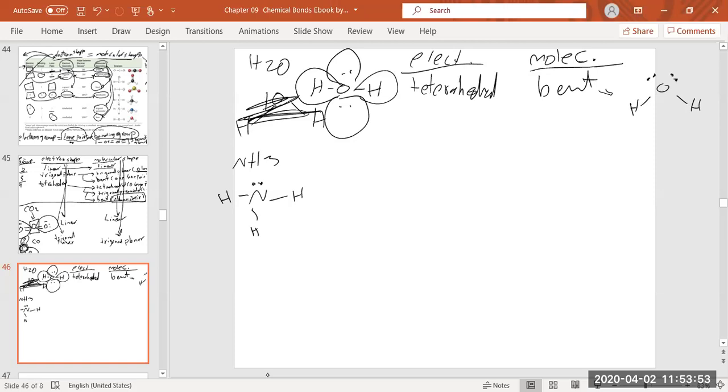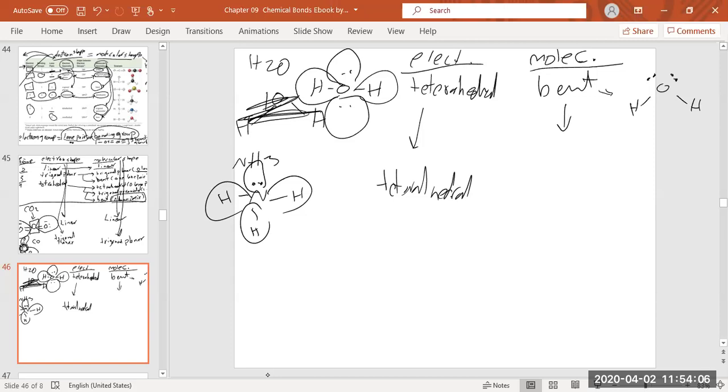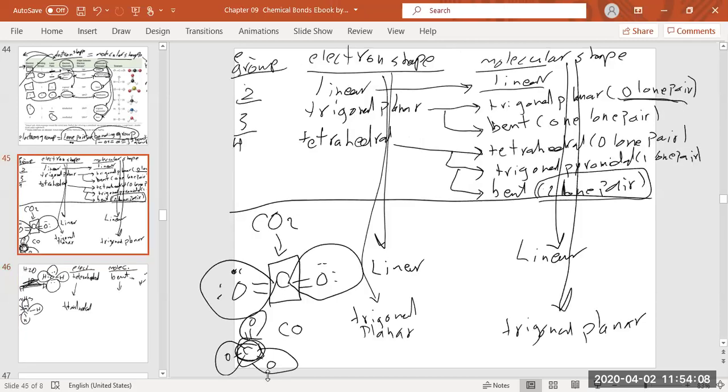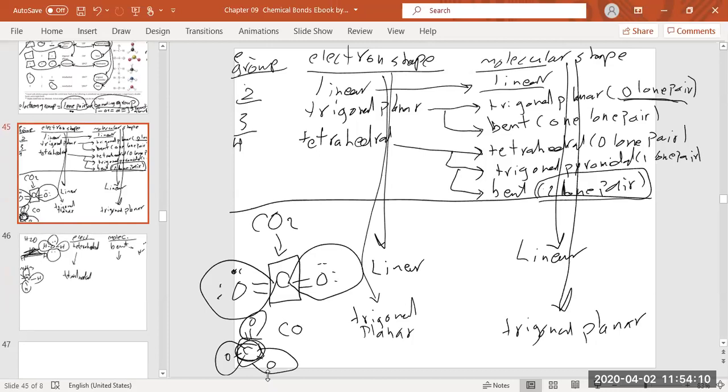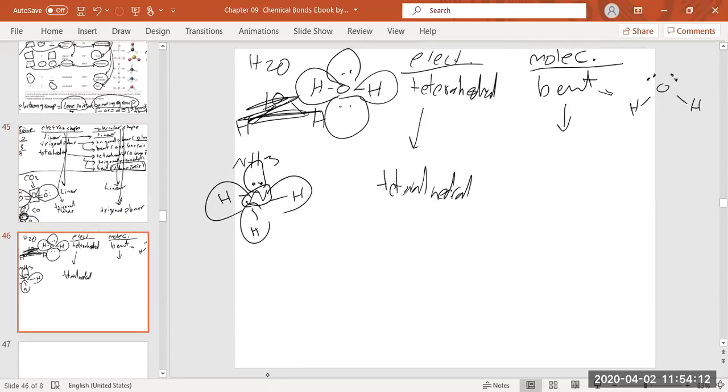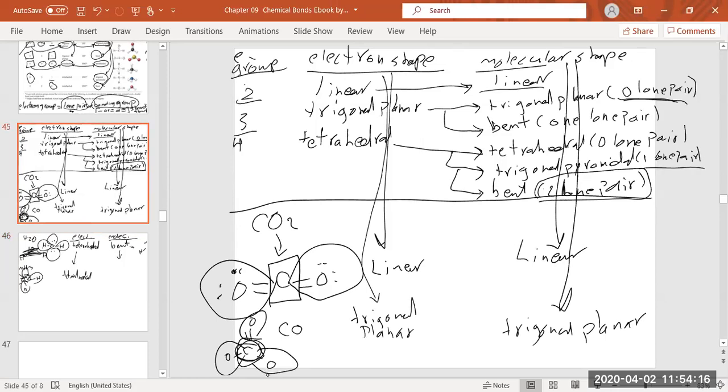Ammonia, electron shape, we have 4 groups, guys. 2, 3, 4. So it will also be tetrahedral. Molecular shape, what is it going to be? Go back here. When we have 1 lone pair, look at the central atom, guys. Look at the nitrogen. It has 1 lone pair. So when we have 1 lone pair, which is already 4 groups, it will be trigonal pyramidal.